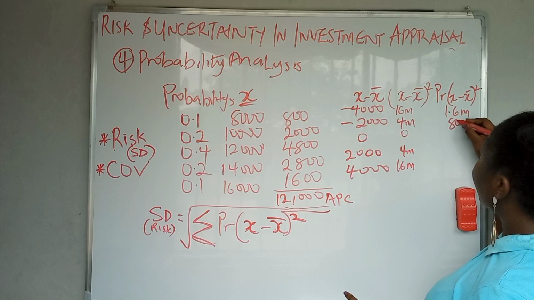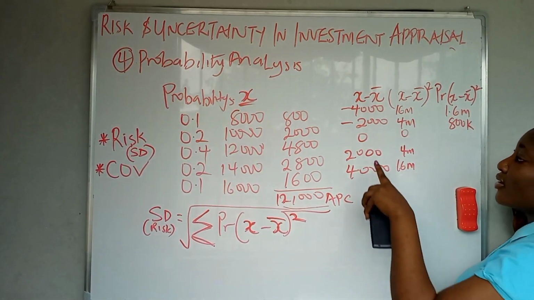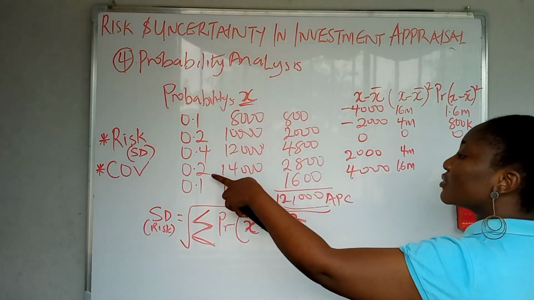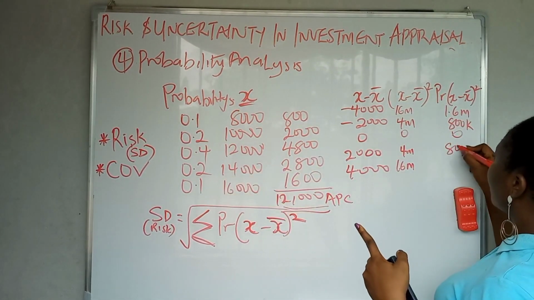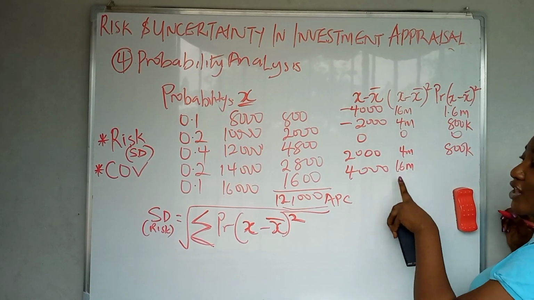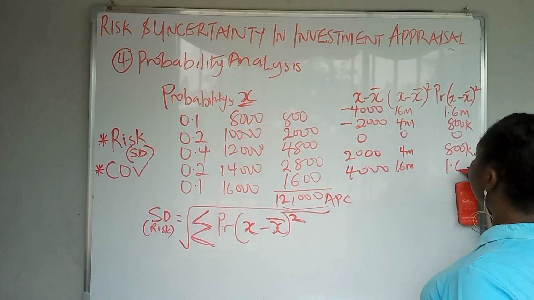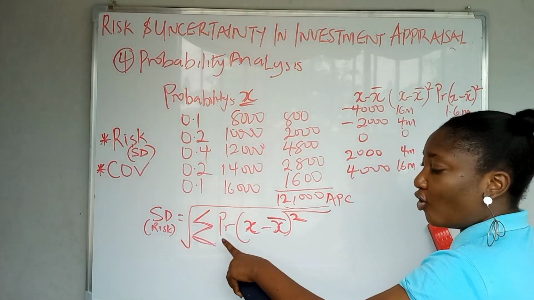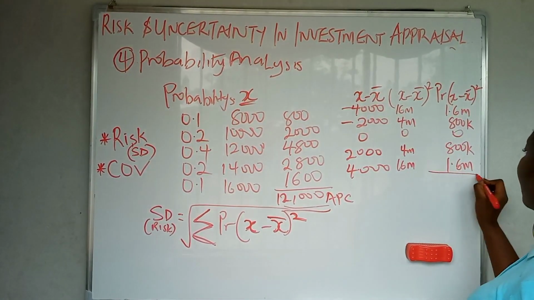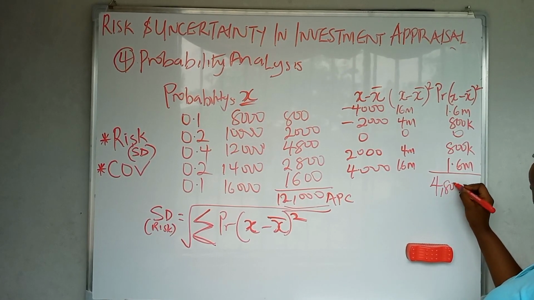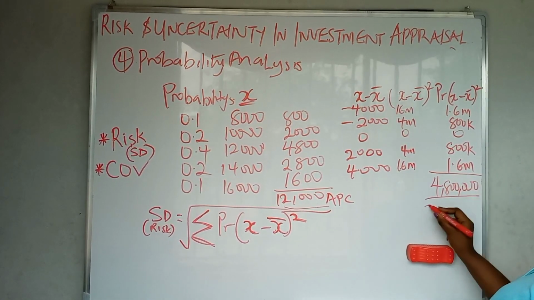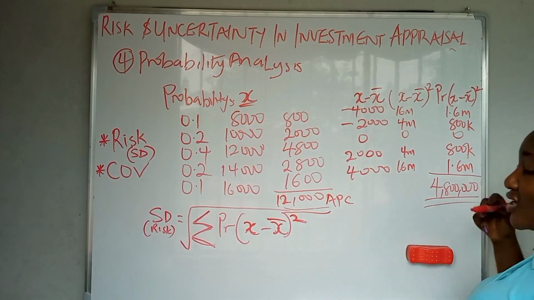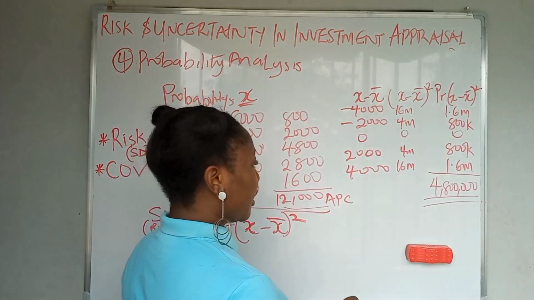That would be 800,000. 0 times 0. 4 million times 0.2, that will give you what? 800k. 16 million times 0.1, that will give you 1.6 million. When you add all this together, the sum of this will give you what? 4,800,000. Can you see that? 1.6 and 1.6 is 3.2, 3.2 plus 1.6 gives you 4.8 million.